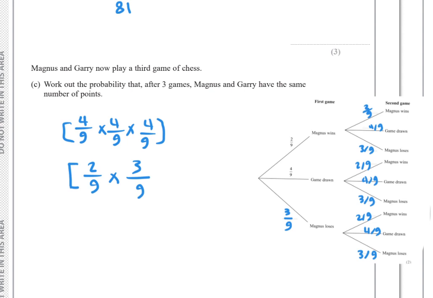Drawn in the third game, so 4 over 9. Because the order does matter, we can arrange them in 6 ways, so you have to multiply by 6. Then add all. You get 208 over 729.